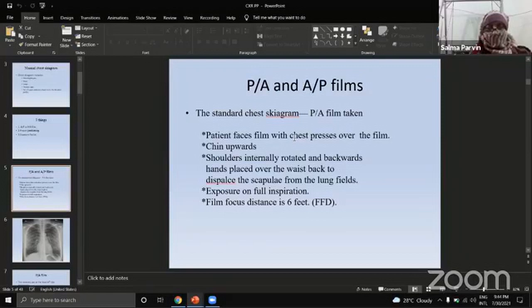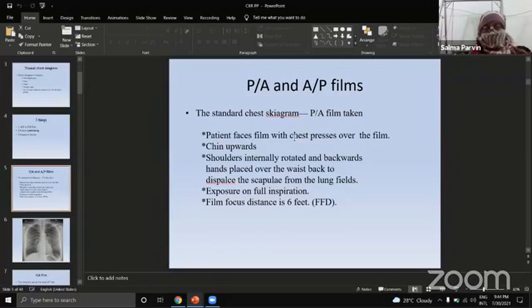The patient is asked to take a long breath. And the focus-film distance is also a matter here. Whatever, the patient is asked to take a full inspiration. And the thing happens here because this is the first time for a patient to be exposed.